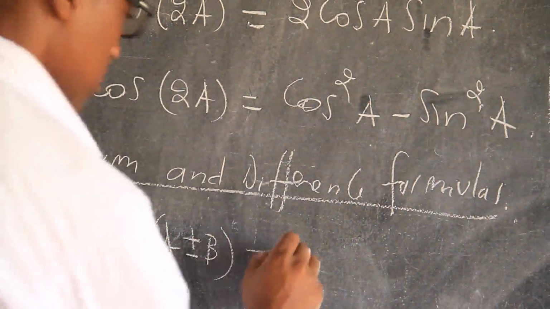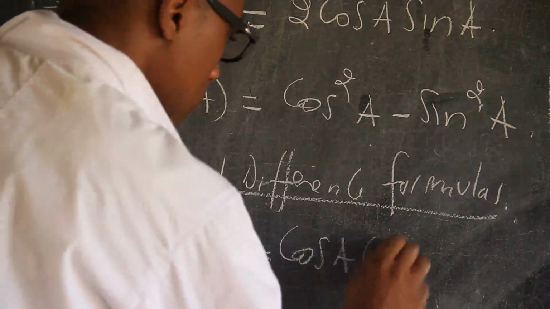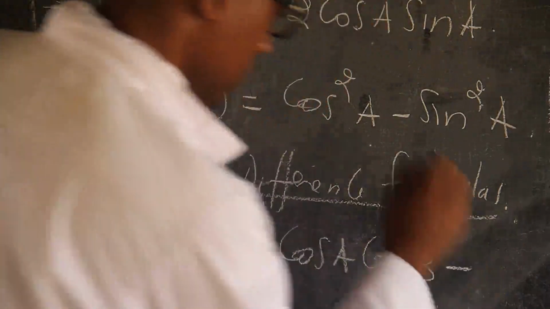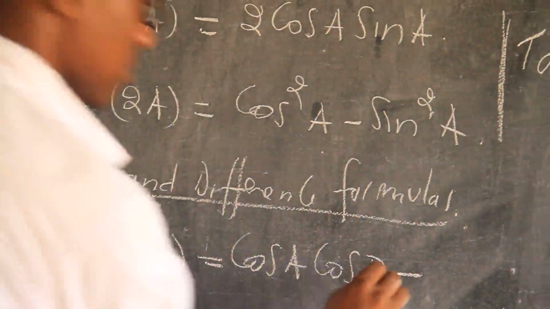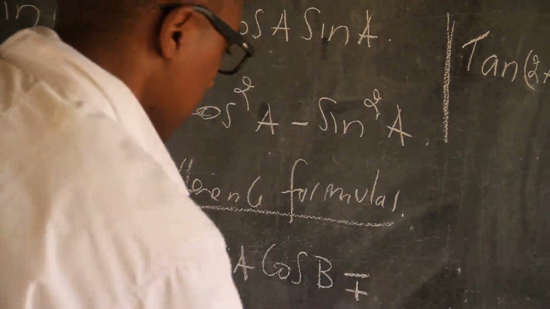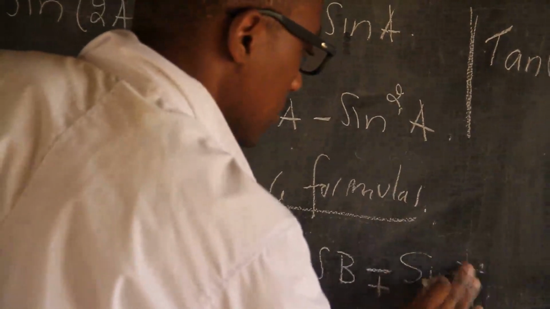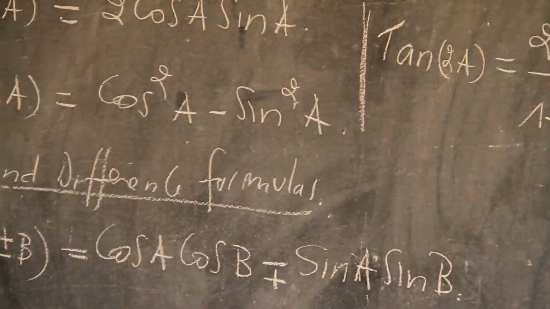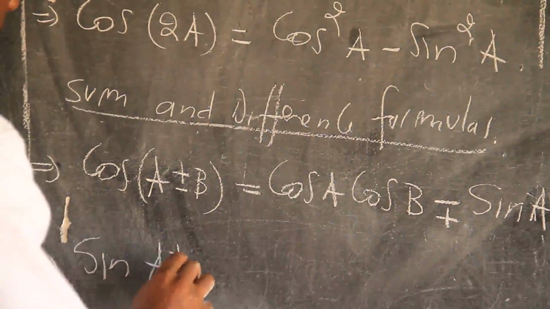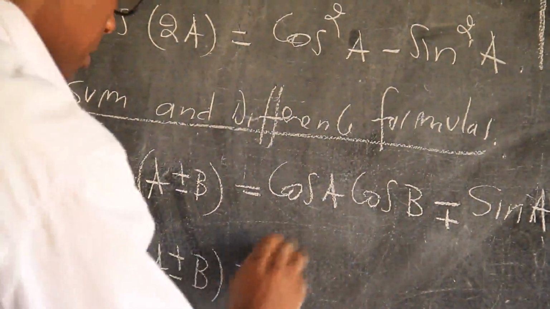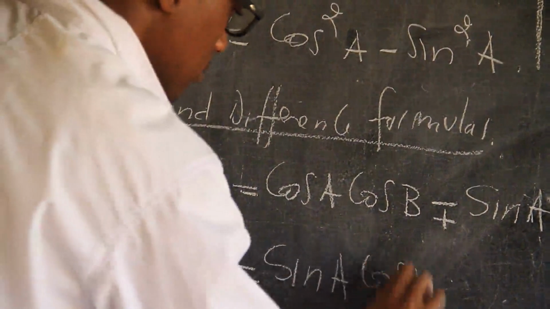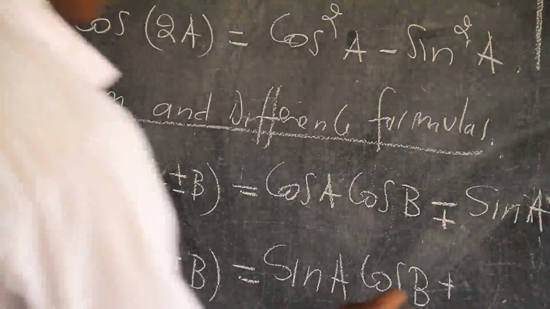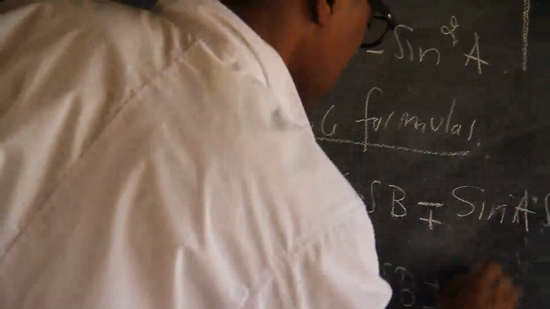Let's see sum and difference formulas. So cos of A plus or minus B: this one is cos cos, once it is plus, you begin by negative; once it is minus, it will be positive. Then sine sine. For sine, it is sine cos plus cos sine; plus comes plus, negative becomes negative.